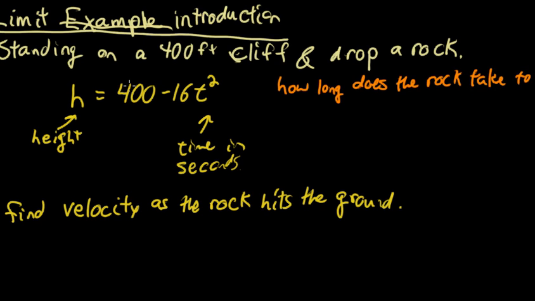Well, we know when it's done falling, its height should be 0, so we can rearrange this equation and have 400 equals 16t squared. We divide both sides by 16, and 400 divided by 16 is 25, so 25 equals t squared.